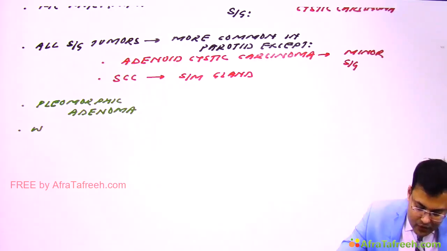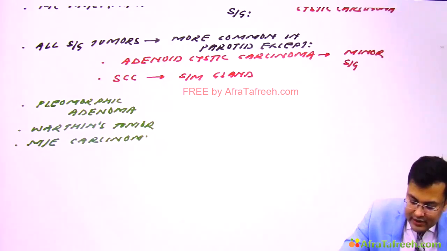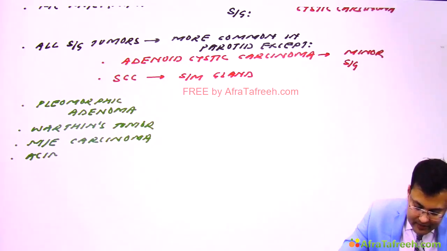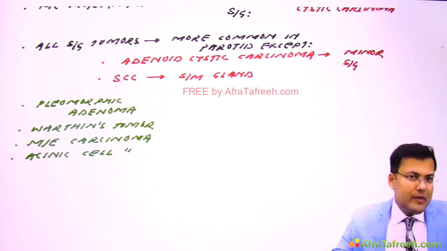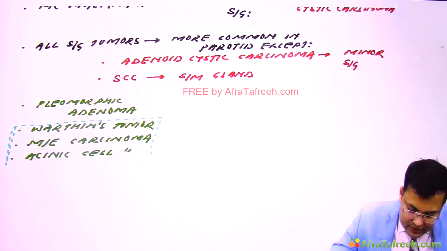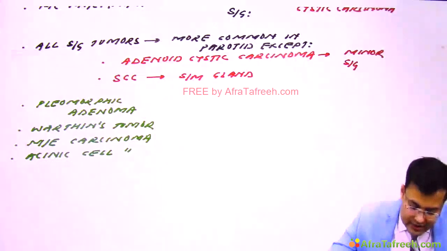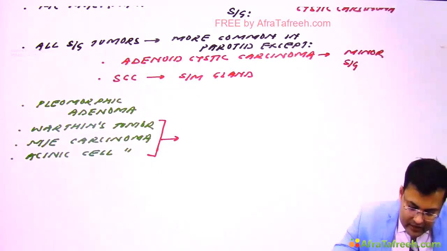And Warthin's tumor, mucoepidermoid carcinoma, acinic cell carcinoma, these three are exclusively seen in parotid. Clear?